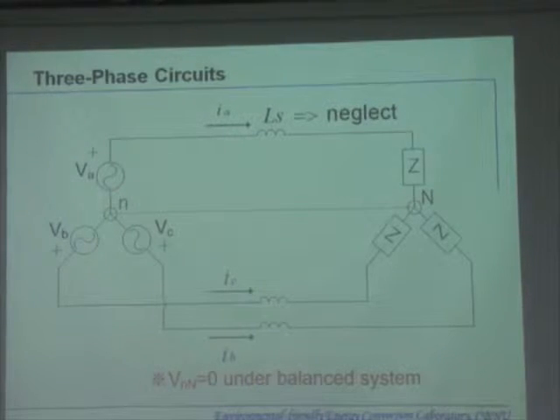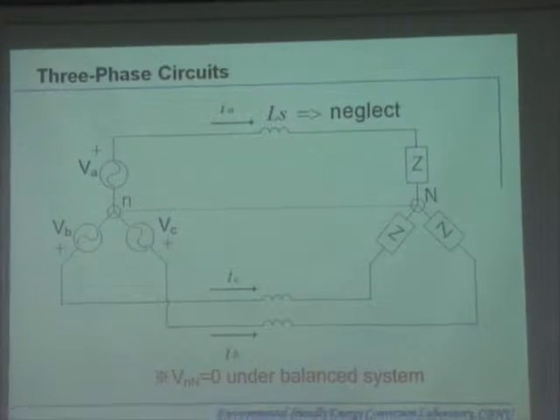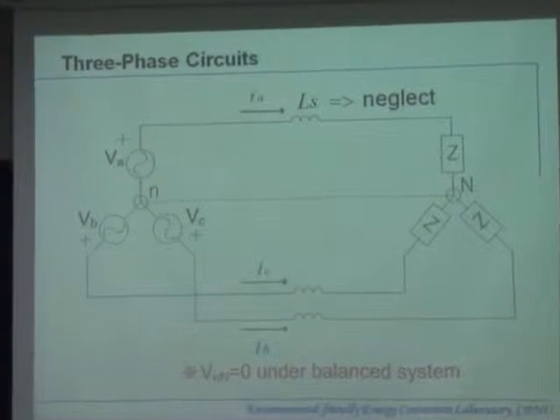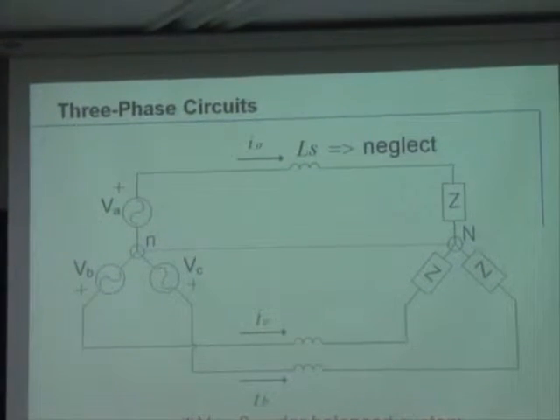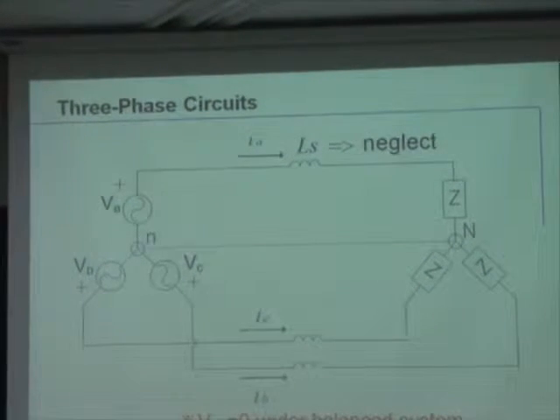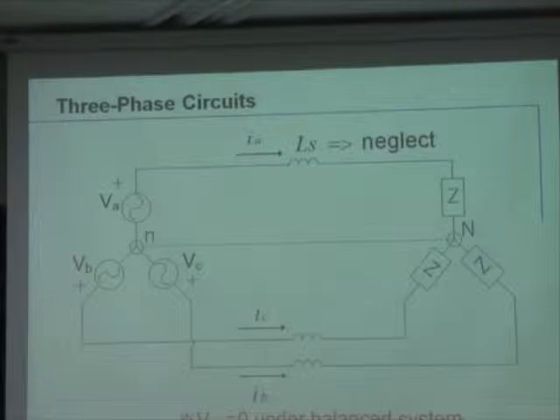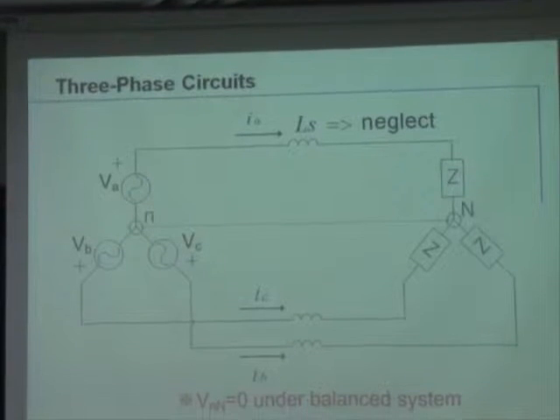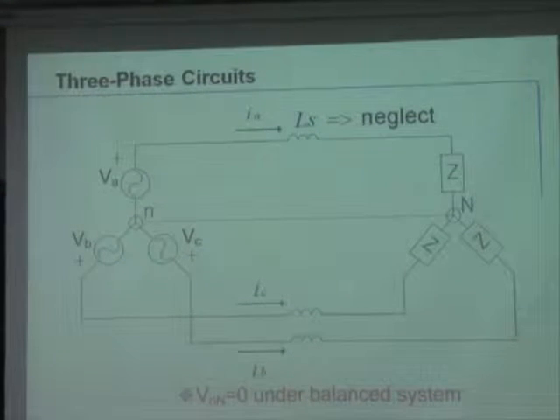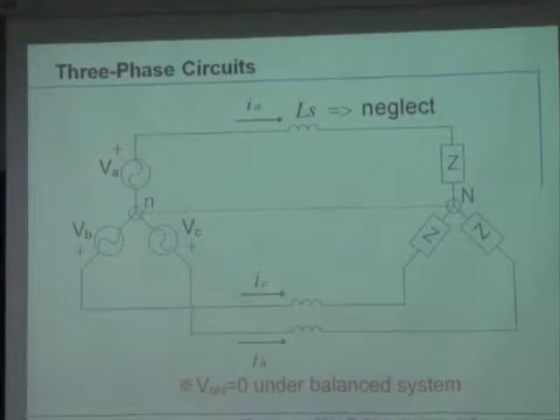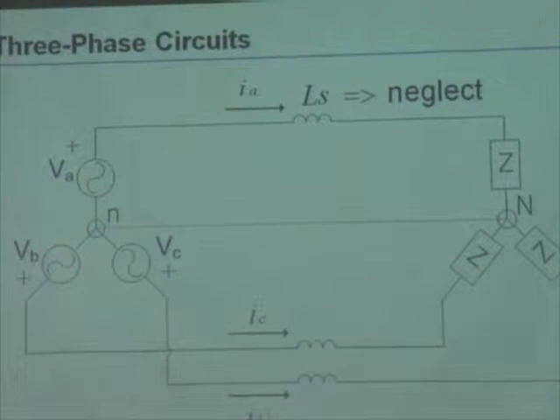What is three-phase? The definition of three-phase is we have three different sinusoidal systems having the same amplitude, but the phase is displaced by plus 120 degrees and minus 120 degrees. So this is VA, VB, and VC.